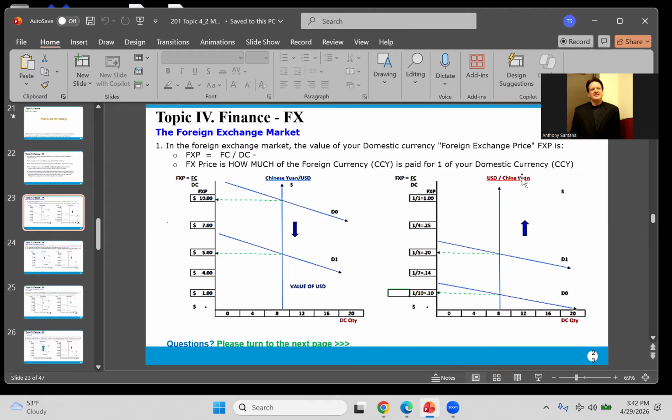So in the Chinese currency, who's the foreign currency for Chinese? Is it the Chinese yuan or the US dollar? So for the Chinese, obviously, the foreign currency is the dollar. So here you would put $1 in the numerator because that's the foreign currency. And here you have $1 in the denominator on the left because that's the domestic currency.